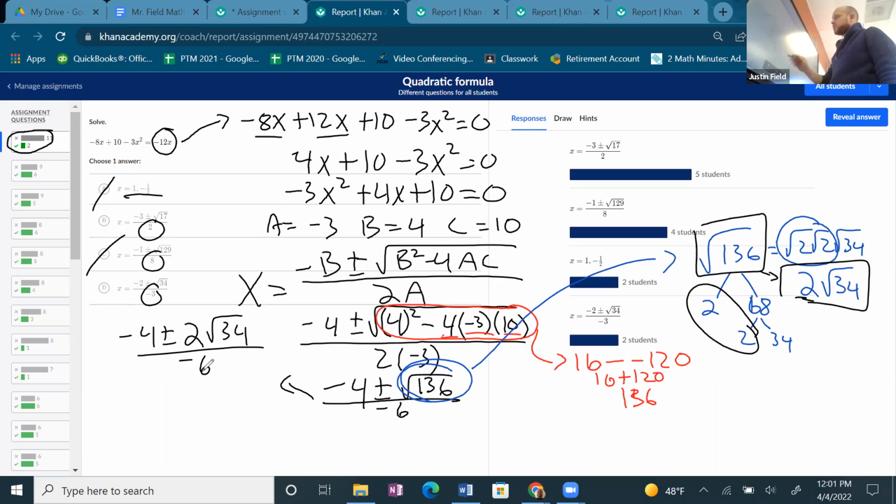And what do you notice about 4, 6, and 2? They are all even numbers. So we can make this negative 2, we can make this 1, and we can make this negative 3. So the final answer for this one is negative 2 plus or minus root 34 over negative 3.